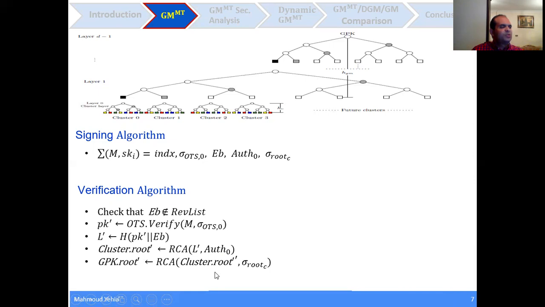Then the cluster root with the signatures generated by the group manager are used with the root calculation algorithm to get the upper layer group public key. Then it is compared with the group public key. If they are equal, then this is a valid signature. Otherwise, the signature is invalid.